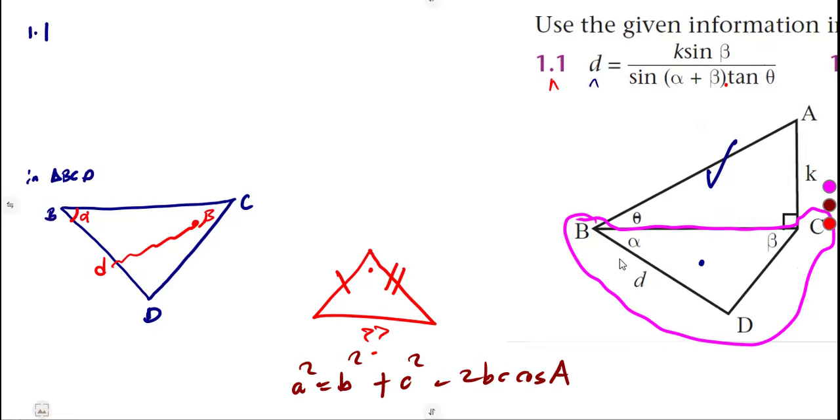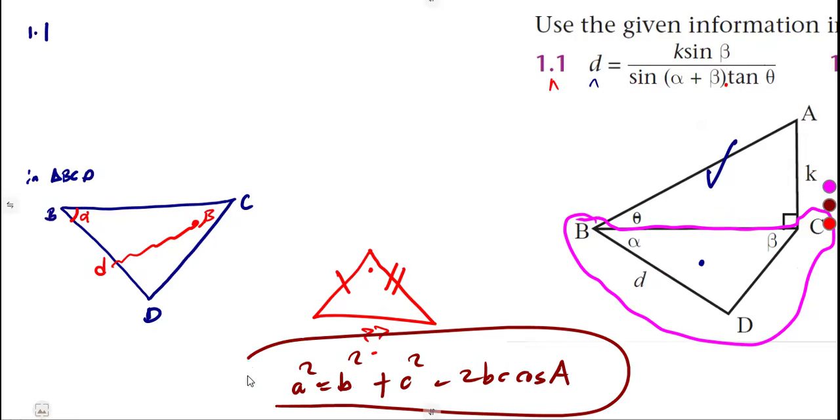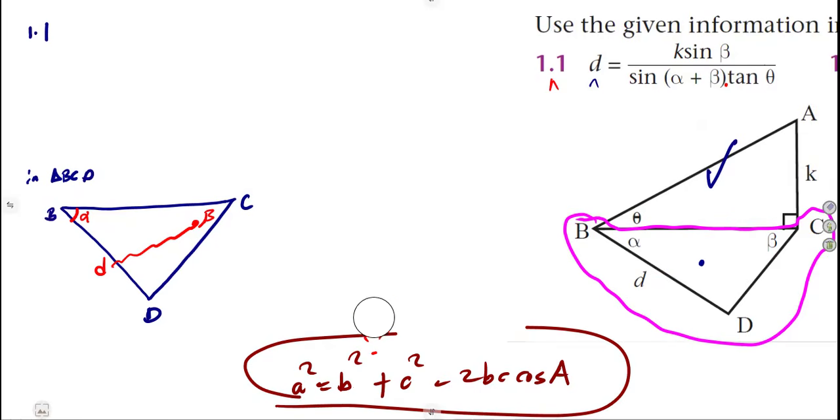The cos of A. This formula alone, the presentation and what we are given here does not even tally at all. So it is a sign in your mathematics to say, okay, no, cosine is actually out.